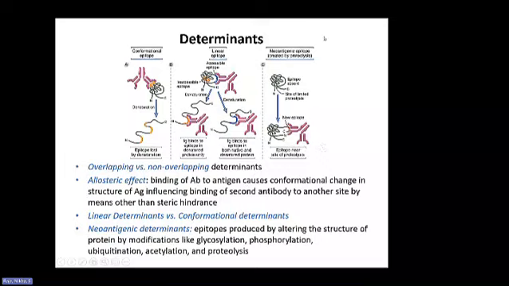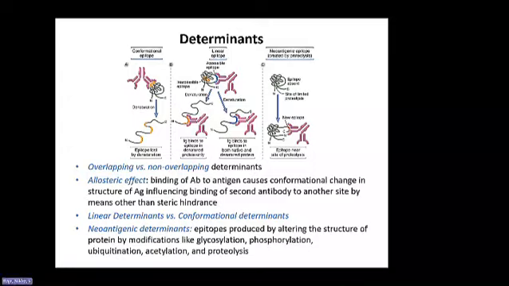So that's called a neoantigenic epitope. So conformational epitope is because of that folding, and on denaturation, that epitope will be lost. Neoantigen, it's not present, but on proteolysis, there will be an epitope. And then linear epitope, doesn't matter if it's denatured or not, that is going to continue to be present in both the native and the denatured protein.